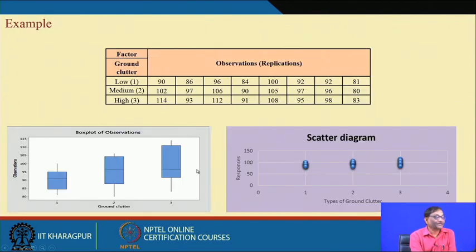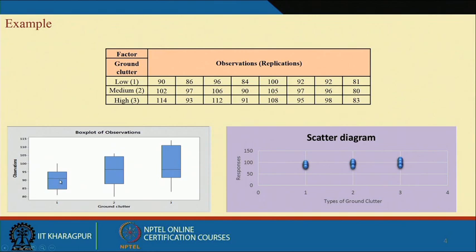I also explained in earlier lectures the use of a box plot. From the box plot we wanted to know whether there is a difference in means and medians when the factor level changes from level 1 to level 2 to level 3. In this box plot the median lines are the horizontal middle lines, and the mean can be somewhere here and here.